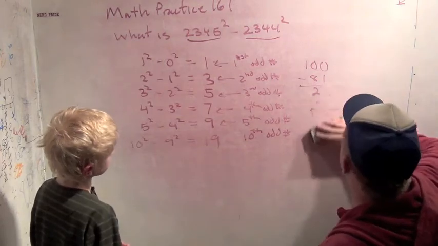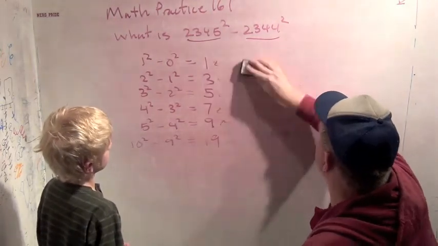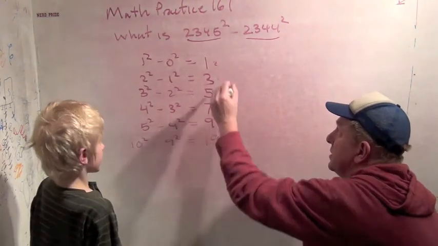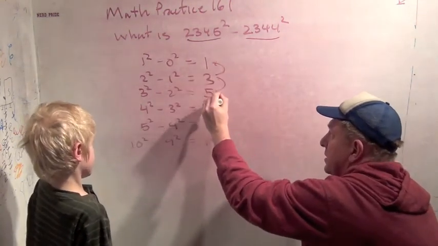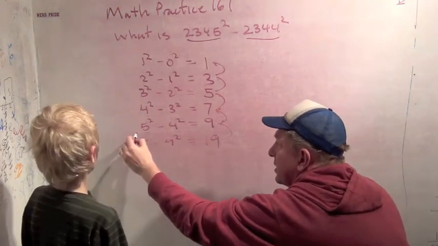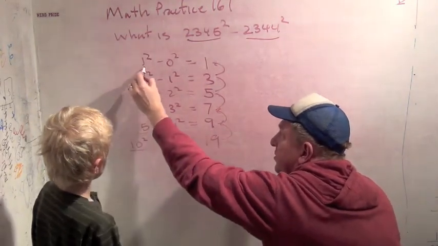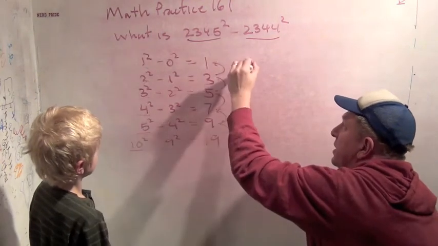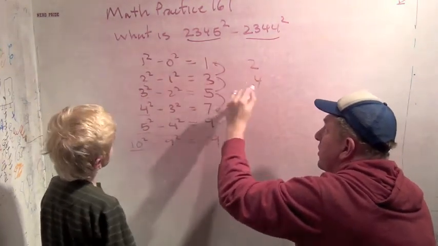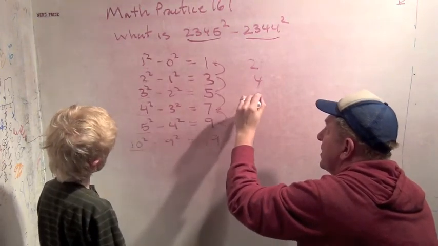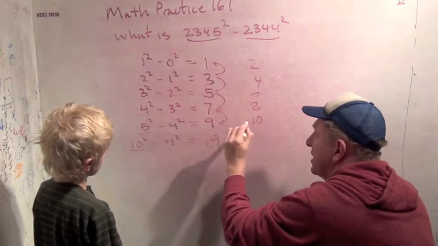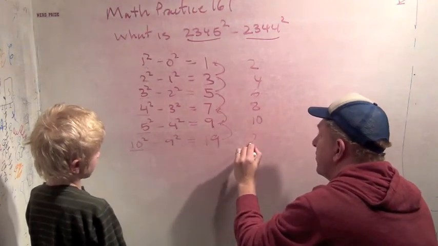Yesterday, we talked about the pattern here: they differ by 2. What we did is we multiplied the number by 2. 1 times 2 is 2, 2 times 2 is 4, 3 times 2 is 6, 4 times 2 is 8, 5 times 2 is 10, and in this one, 10 times 2 is 20.